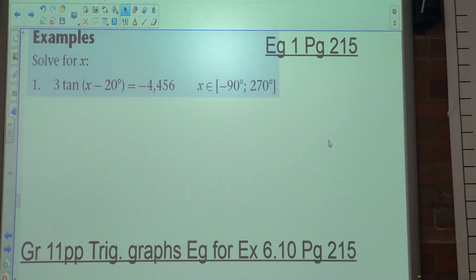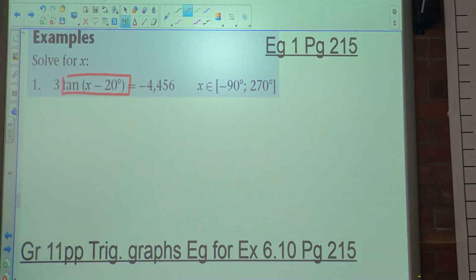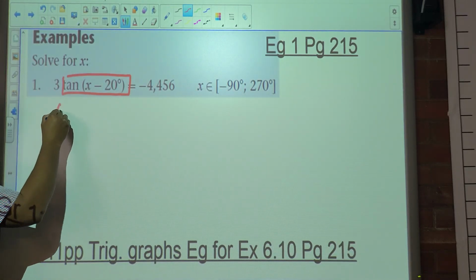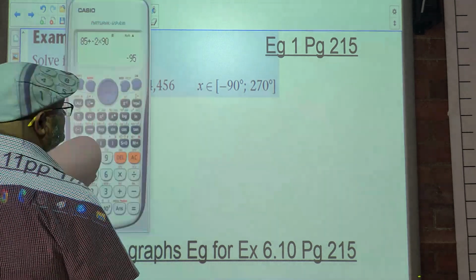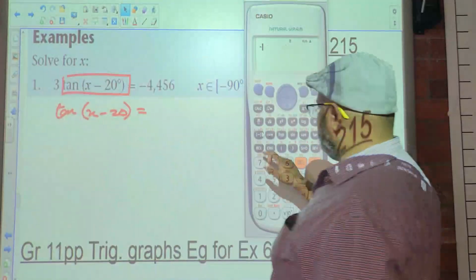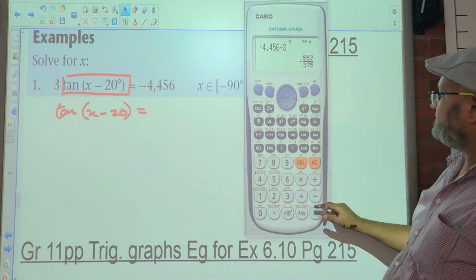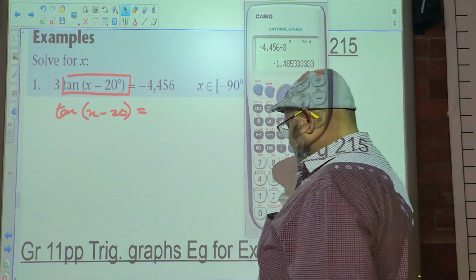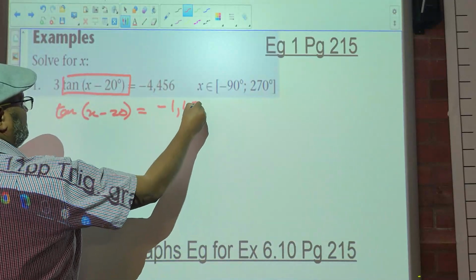Alright, what's the first thing we need to do? We need to get the trig ratio on its own. Remember, I do not take the 20 over the equal sign. So I divide by 3 both sides. So tan of (x minus 20), I keep the angle as it is, equals negative 4.456 divided by 3, which is negative 1,485.